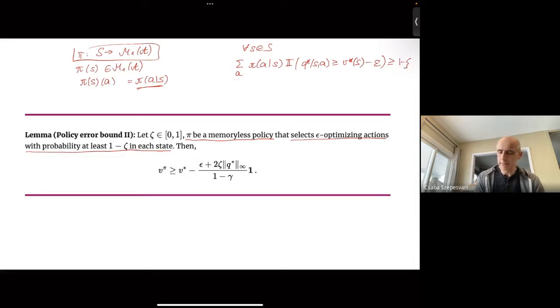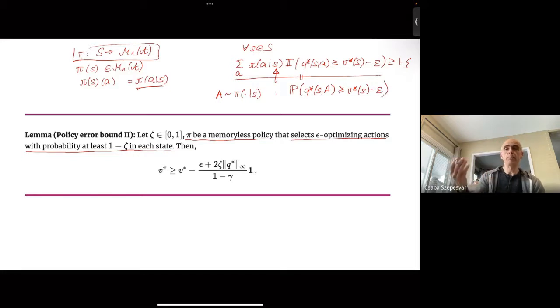So if you look at this formula, what does it say? It says given a state, what is the total probability if I choose an action A from pi, that this random action is going to have an optimal action value which is epsilon close to the optimal value?